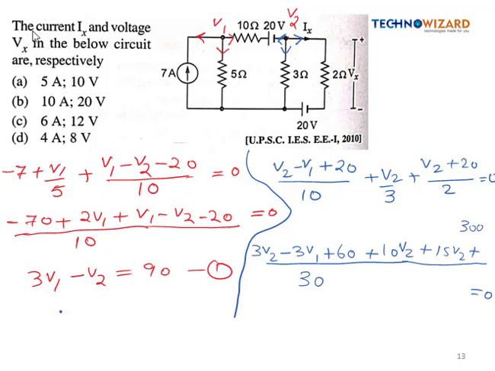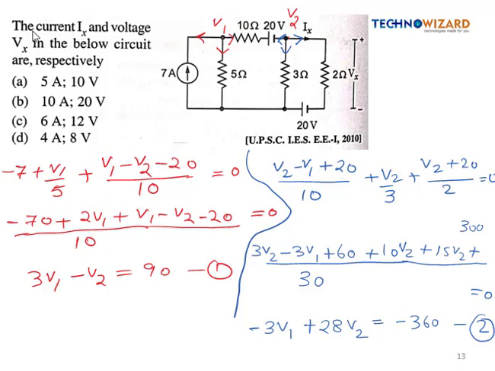I hope you can adjust, guys. So the equation will become minus 3V1 plus, it will be 25 plus 3 is 28V2, and this is equal to minus 360. So this is equation 2.